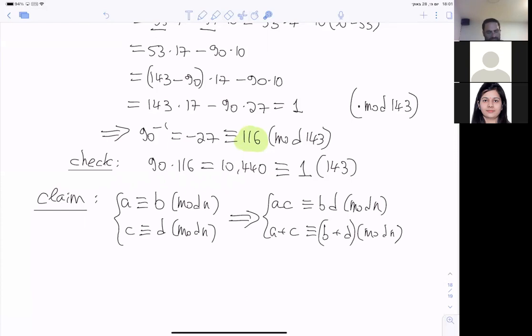This is very simple to check, because here the gap is some multiplication by N. So here is also multiplication by N.